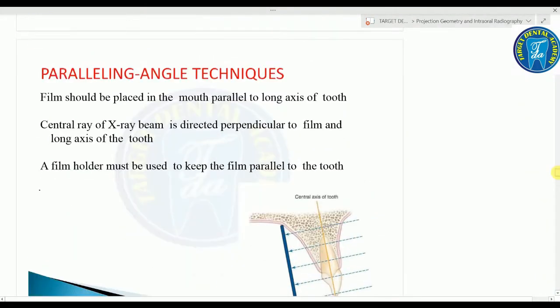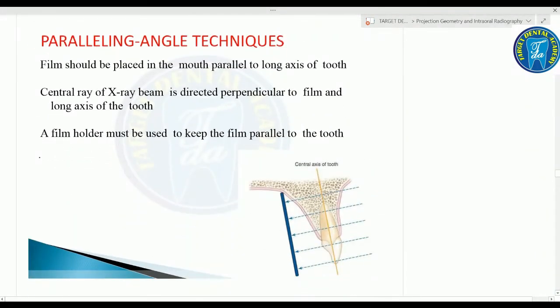So next is the paralleling technique, important. In this, the film should be placed parallel to the long axis of the tooth, but in the bisecting technique, the film is placed as close as possible to the tooth, and this angulation causes the distortion.